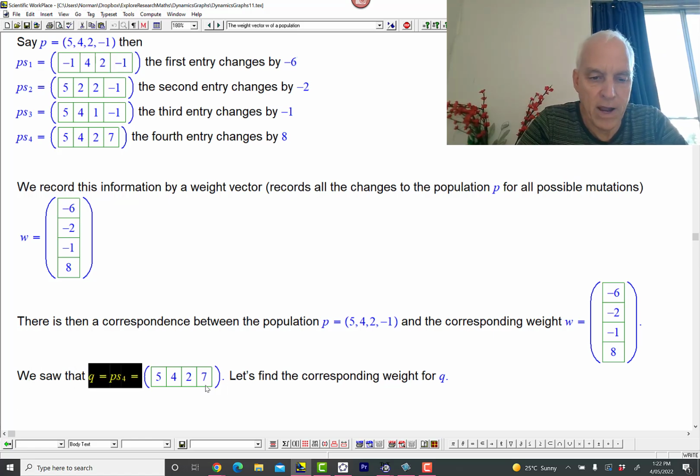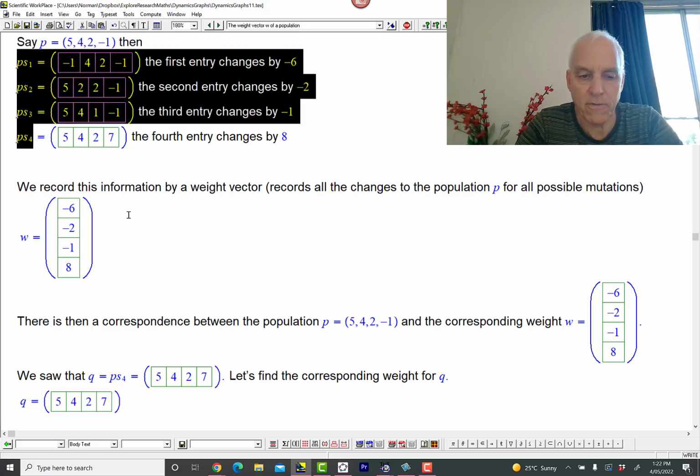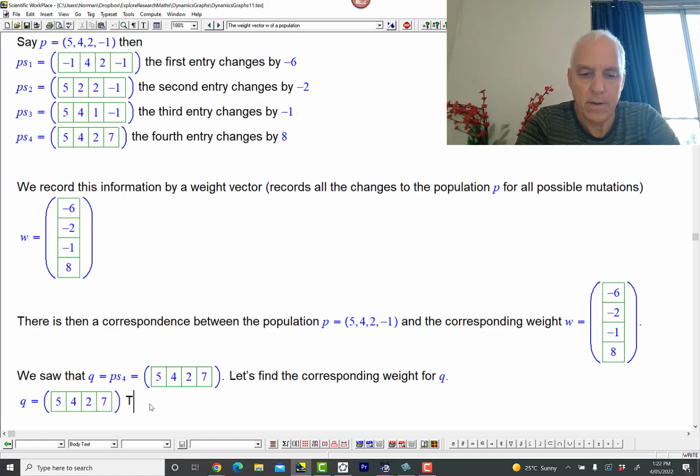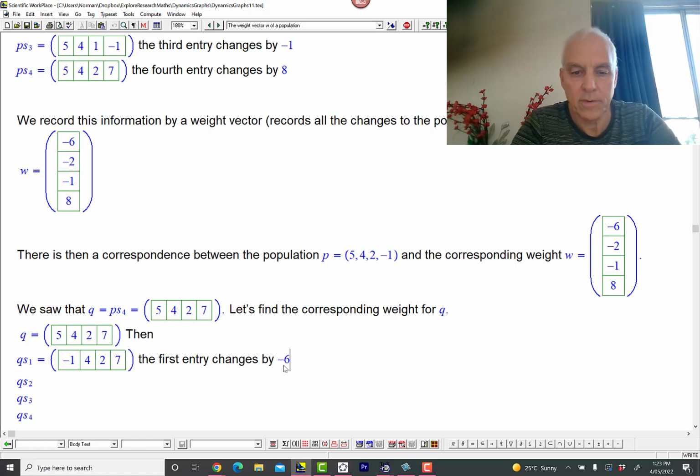What am I going to do? Well, I'm going to first define Q. Over here, I will get rid of that and we'll just make a definition, Q. And now I'm basically going to copy the same thing that I did over here. The first entry changes by how much? 5 goes to minus 1. That's a minus 6, the same thing it was before.